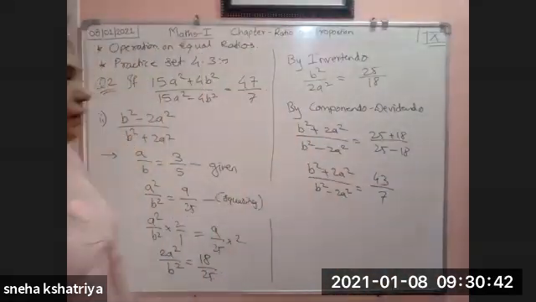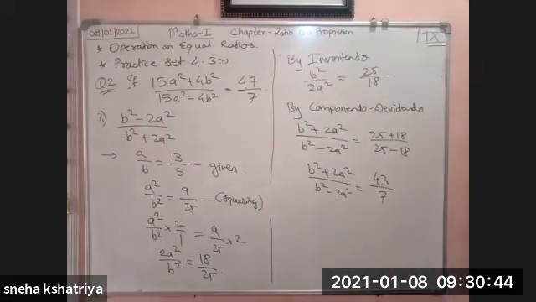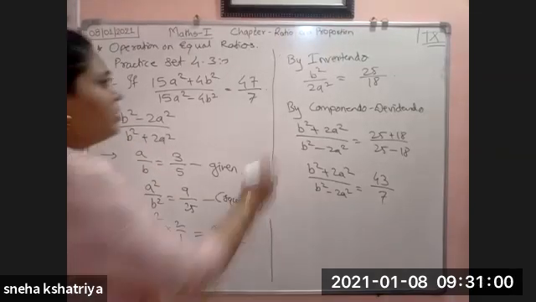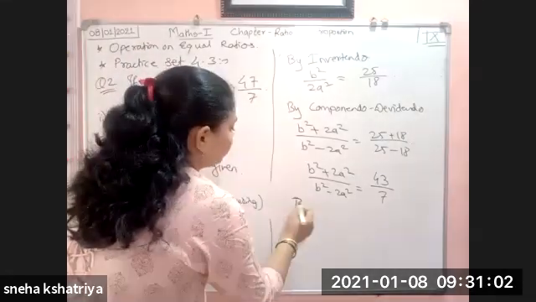So 43 upon 7. The addition is 43 and subtraction is 7. They cannot be reduced, so it will remain as it is. But we need minus sign at numerator and plus sign at denominator. So just invert them.